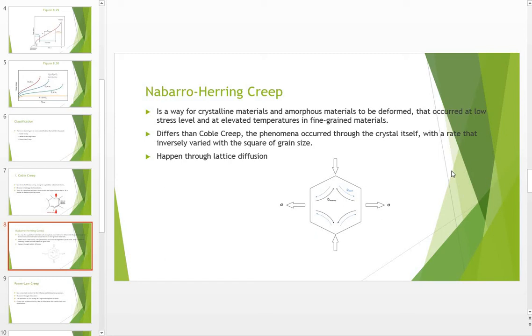The difference between this classification and the previous one is that the diffusion happens through the crystal, and the creep rate varies inversely with the square of the grain size. The Nabarro-Herring creep occurs through lattice diffusion.